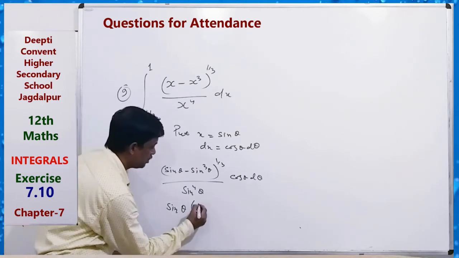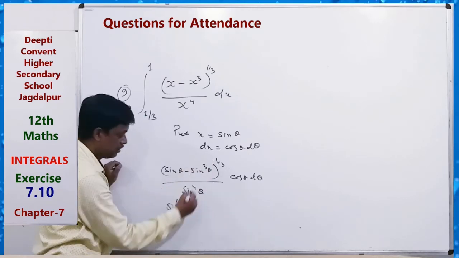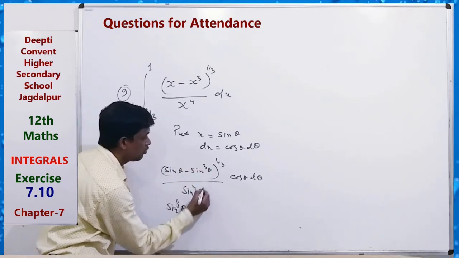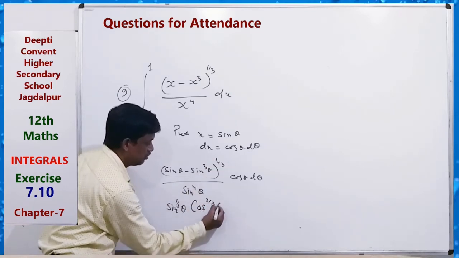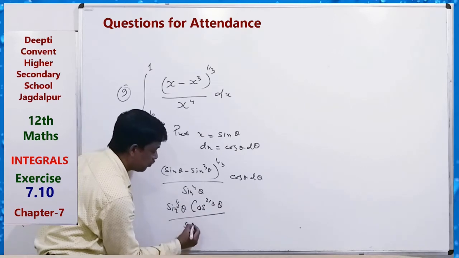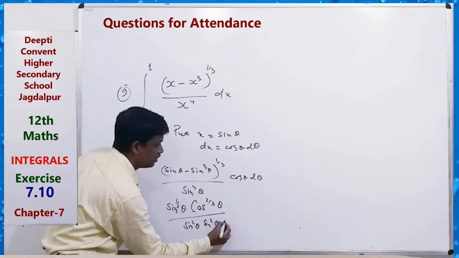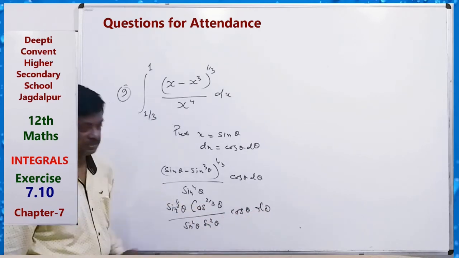So sin theta common with power 1/3, and cos square theta means cos power 2/3. So cos power 2/3 theta upon sin power 4, which we can write as sin square theta, sin square theta, and cos theta d theta.